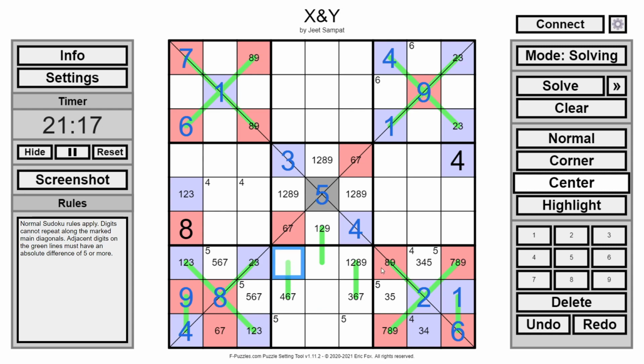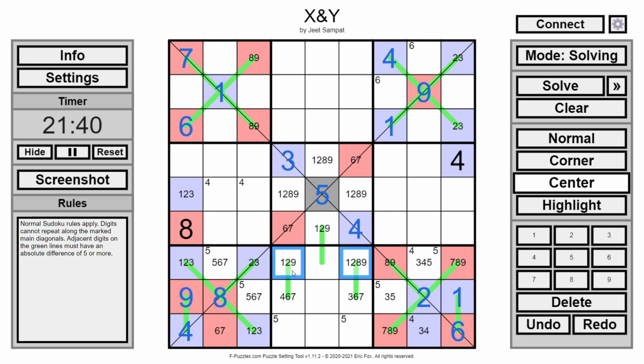So if it's a 4, it must be a 9, which would be a triple here technically, but would also force stuff. If it's a high, it must be a 1 or a 2, which is again a triple here.